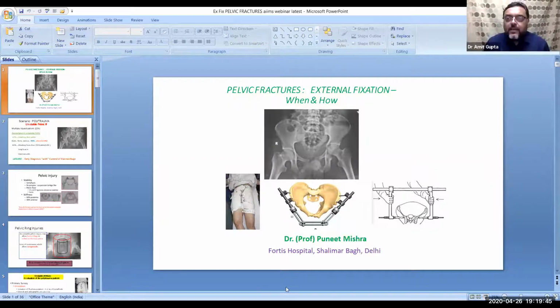Yes, sir. If you would have seen my photograph also, there was no pelvic binder there. It was just a sheet, which is easily available anywhere, or an OPT or an operating towel or whatever sheet you can get. The message remains that it should be circumferential, should be at the level of the trochanter, and it should be firm.